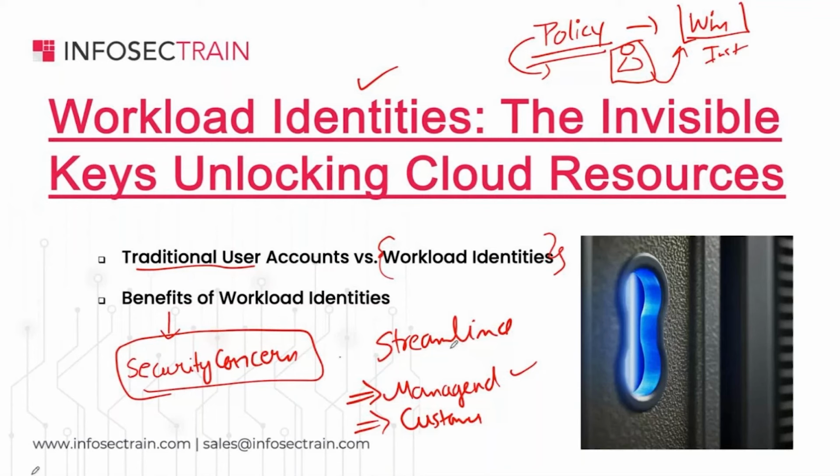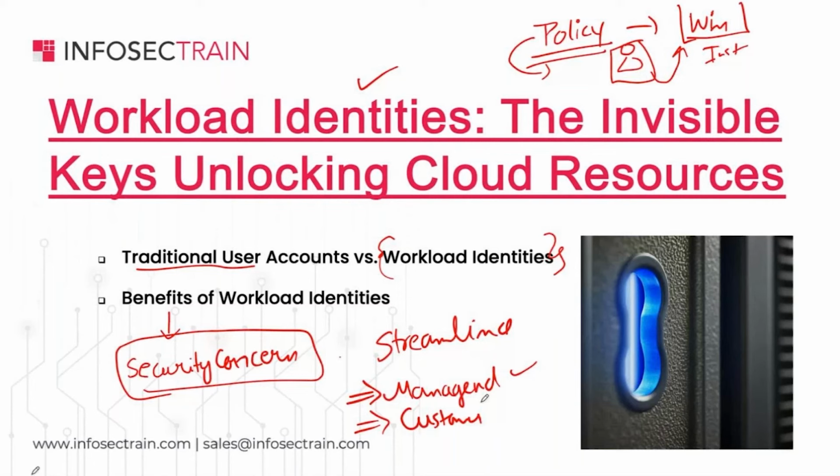Second thing, customer managed identity. This approach is for organizations which prefer to use their existing identity and access management system. So Entra ID can be configured to trust identities from your on-premises Active Directory or from an external IAM provider, right?